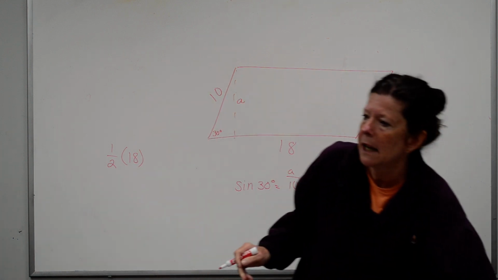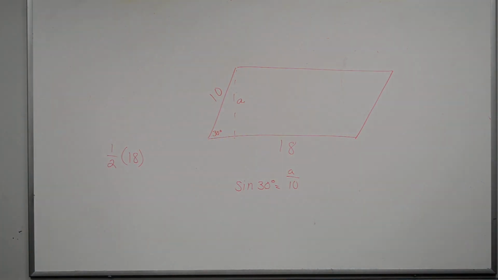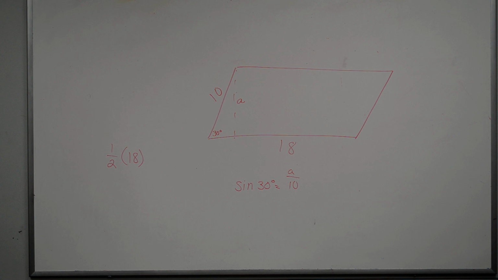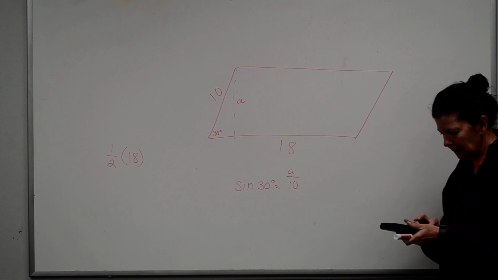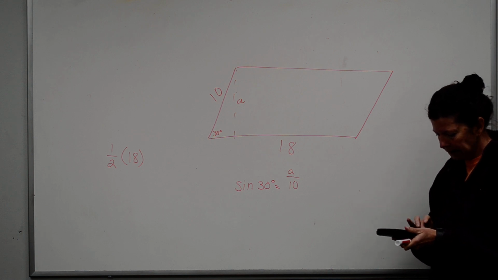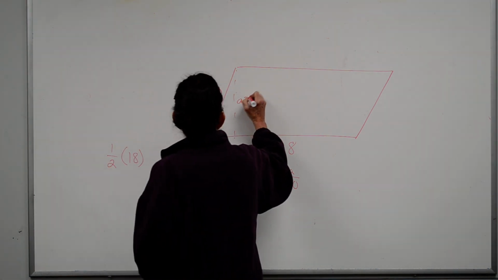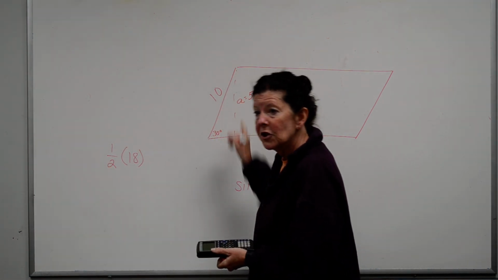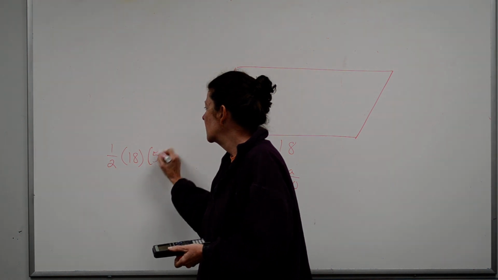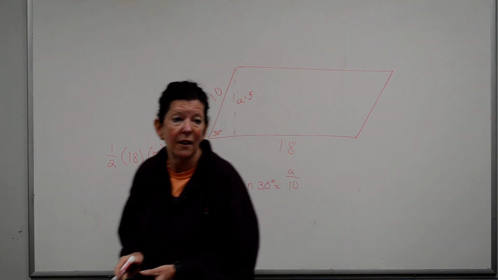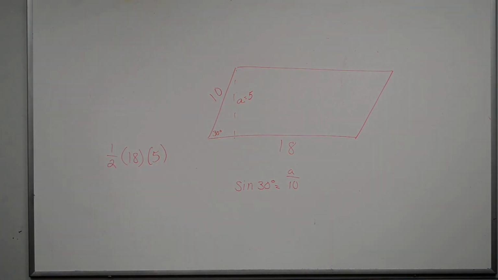So I'm going to take my calculator and go 10 times the sine of 30. And it's going to give me 5. So that's equal to 5, which is the height here. So then I'm just going to put that in there. It's going to give me 45 as my area of that parallelogram.